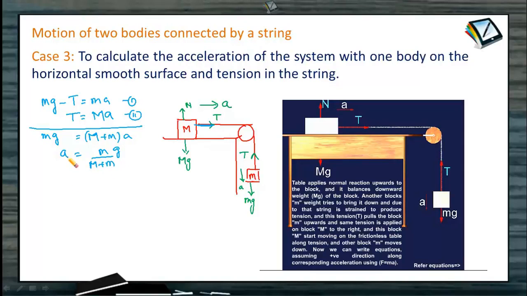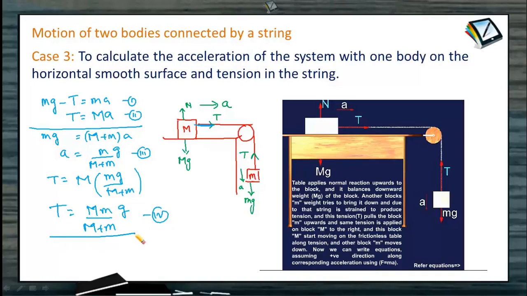If we require the tension, substitute this value of acceleration into either equation 2 or equation 1. If I substitute into capital M into a, with a equal to mg divided by capital M plus small m, the tension T will be capital M small m g divided by capital M plus small m. So this will be the tension in the string, and this will be the acceleration.